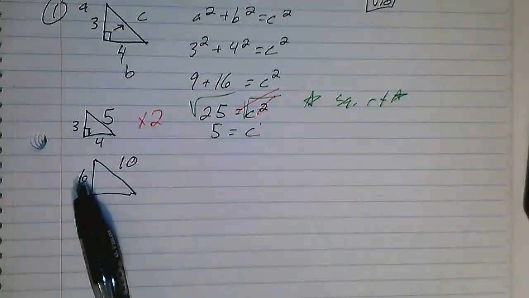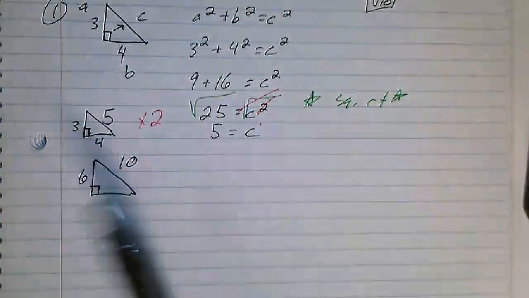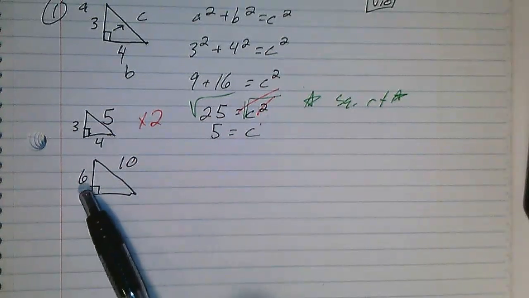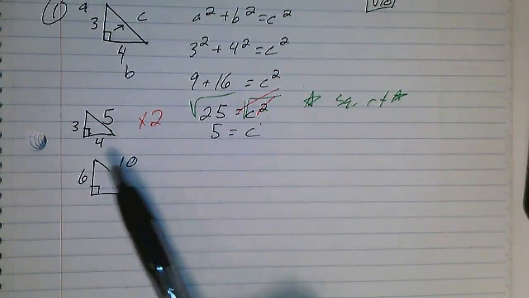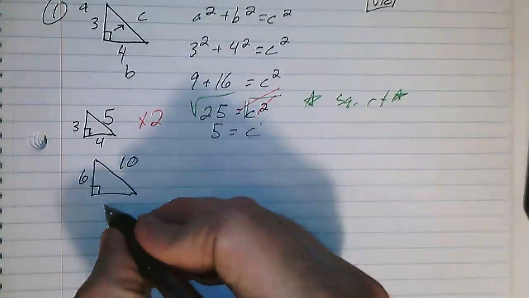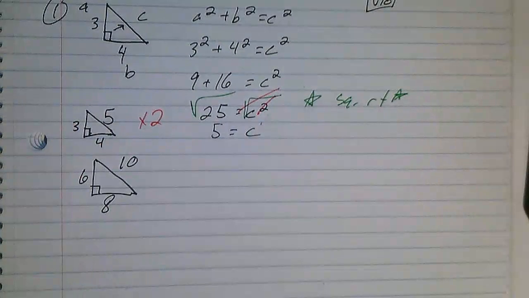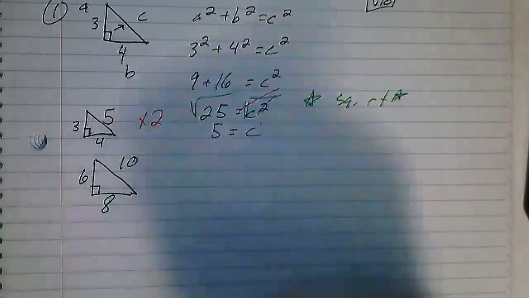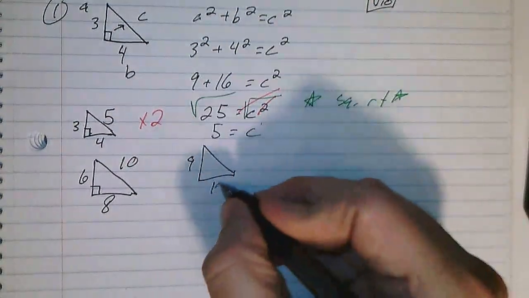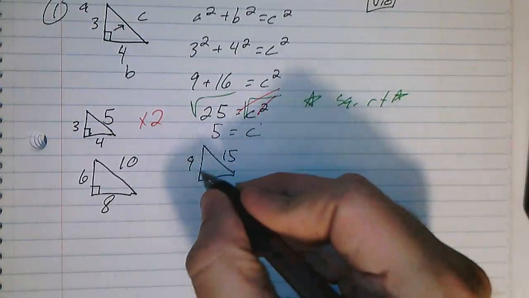And so if you see a triangle with a hypotenuse of 10 and a leg of 6, well, the part that's missing is the 4. 4 times 2 would be 8. Multiply everything by 3, and we have a 9, 12, 15 right triangle.